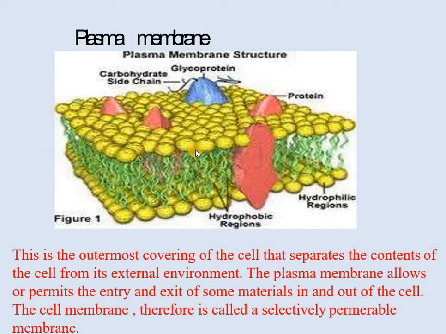The two types are the intrinsic proteins and the extrinsic proteins, all organized in a mosaic manner. Intrinsic proteins are embedded in the lipid bilayer completely or incompletely, whereas the extrinsic proteins occur superficially.